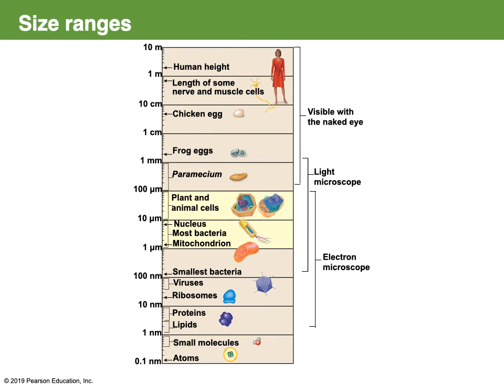But the next unit down is nanometer. And so when you see NM, we've gone from micron to nanometer. So I will put up a little diagram that sort of walks through all the metric scales, and that should help with this. But the thing I want you to notice is on the right-hand side, there are some things you can kind of see with the naked eye, but you could get more detail seeing them with a microscope.